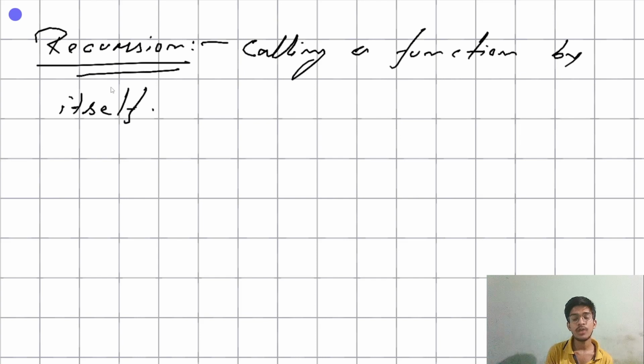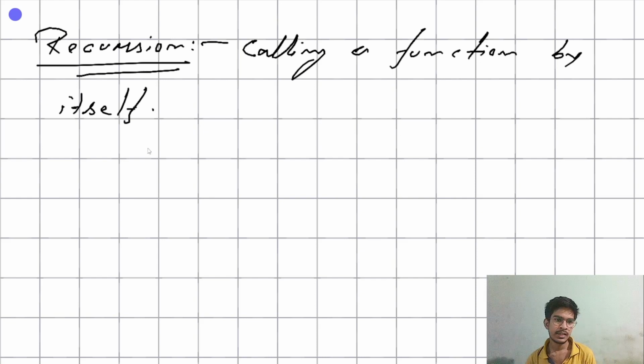For now, just assume that a function is a block of code that you can call whenever you need. It is reusable code, which you can use in any part of the program, any number of times, whenever you want. So recursion is calling a function by itself.